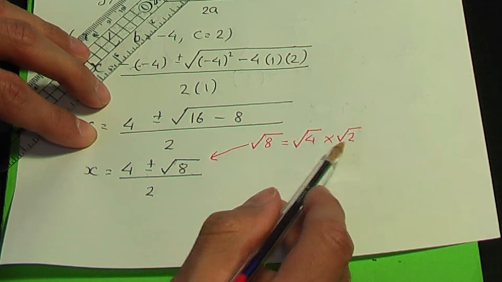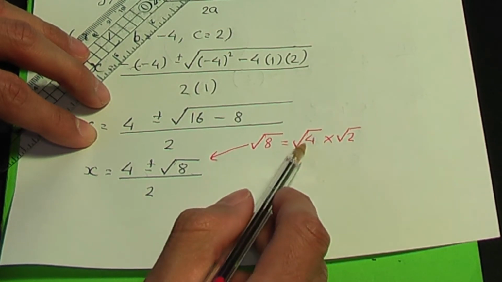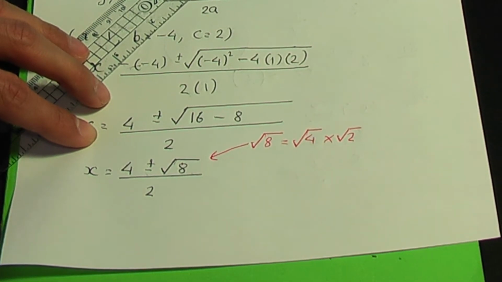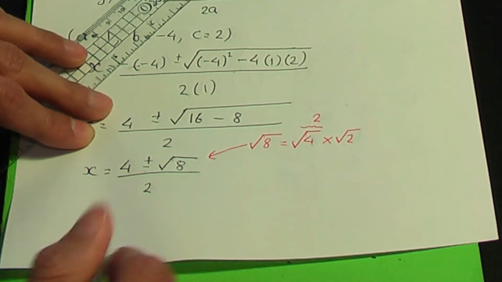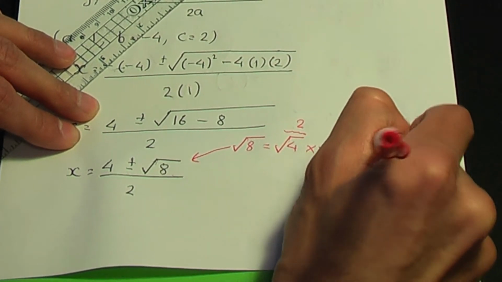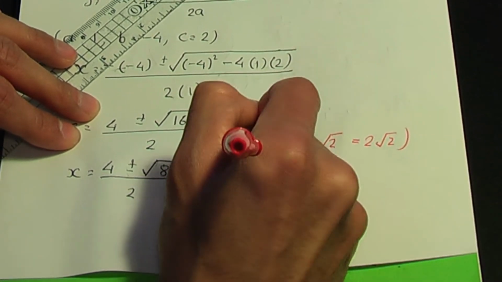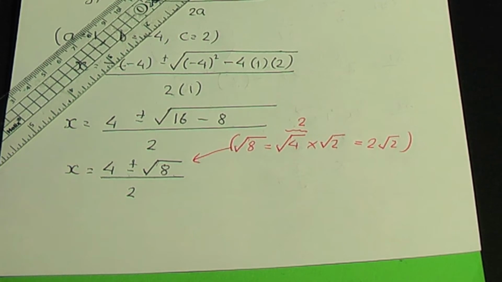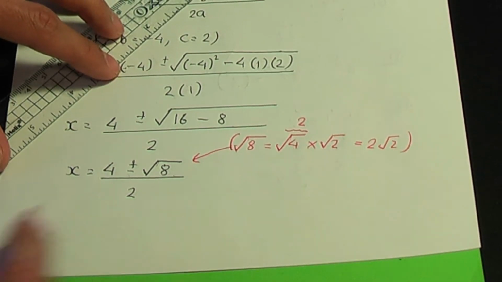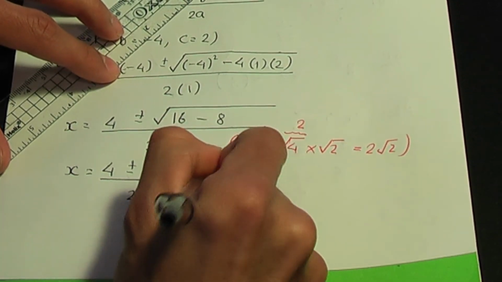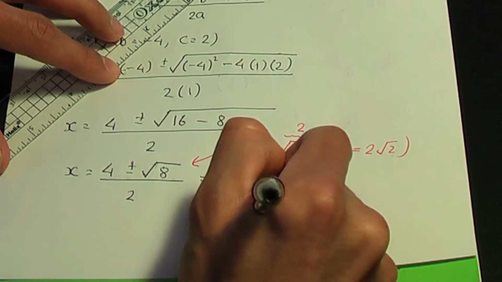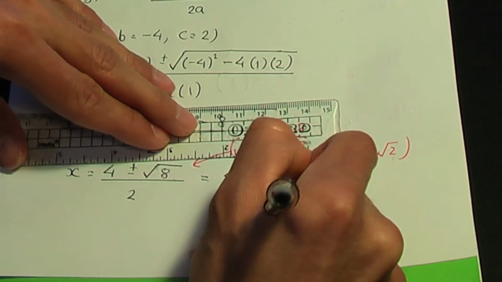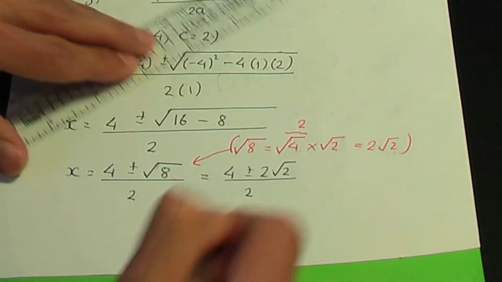I chose these two numbers specifically because one of the roots gives me a whole number when calculated. Root of 4 in particular gives us a whole number of 2, to give us 2 root 2. So with root 8 being simplified to 2 root 2, we have 4 plus or minus 2 root 2, divided by 2.